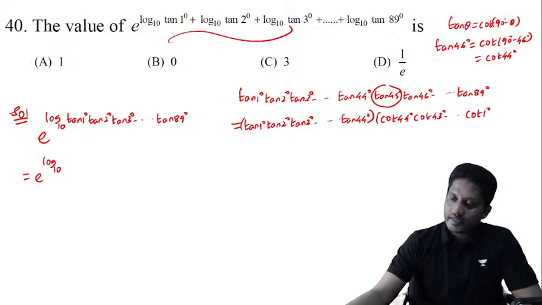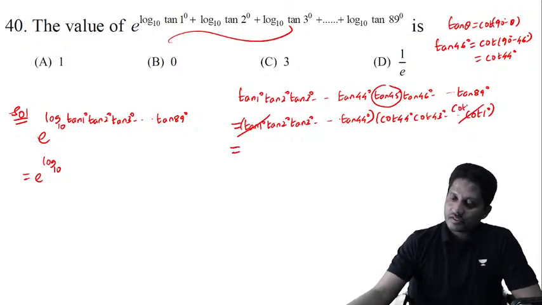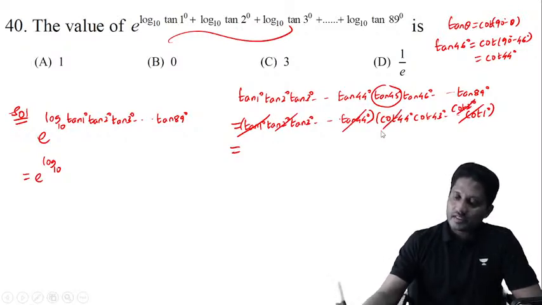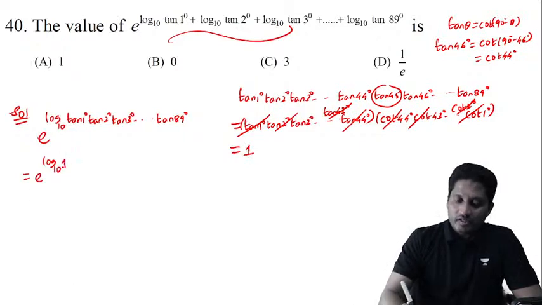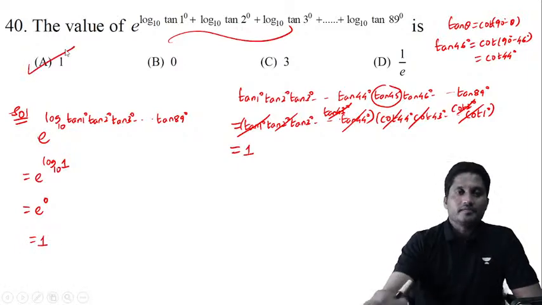Tan 89 is the same as cot 1. They are reciprocals of each other, so they will cancel. One term before this is cot 2. Similarly, cot 3 will cancel, cot 44 will cancel. One term before tan 44 is tan 43. Tan 43 will cancel with cot 43. Everything will cancel, you get 1. We get e to the power of log 1. Log 1 to any base is 0. E to the power 0 is 1. Answer is option E.